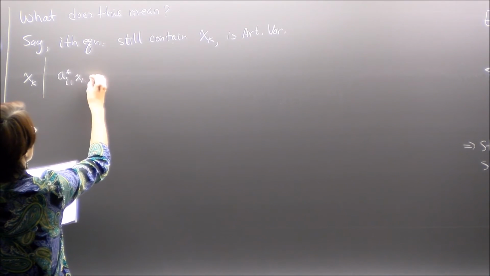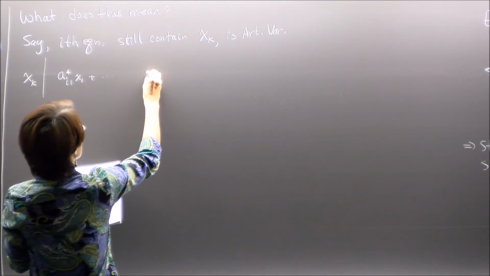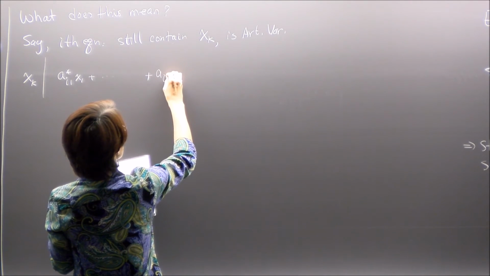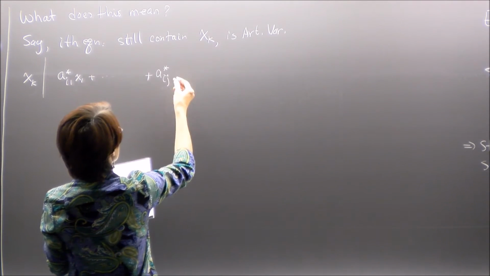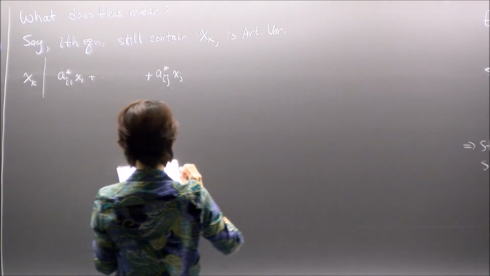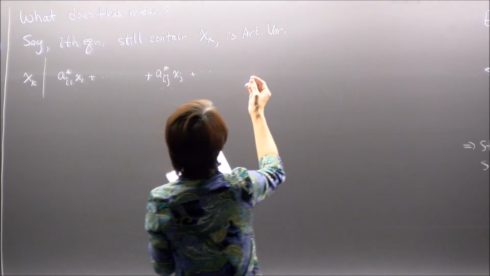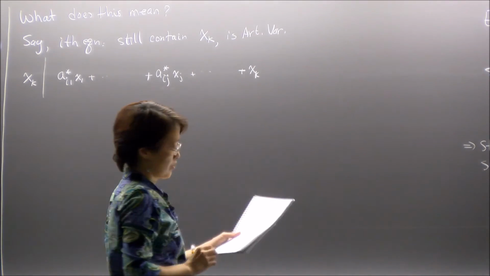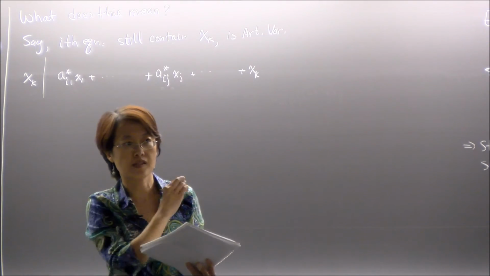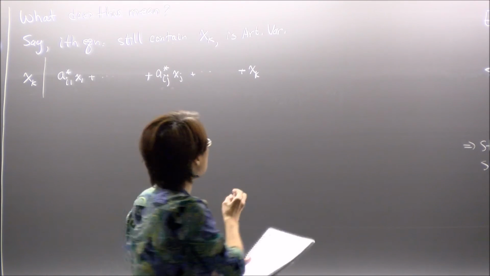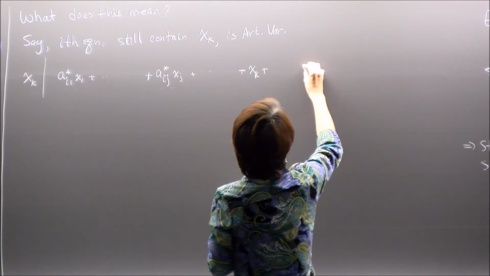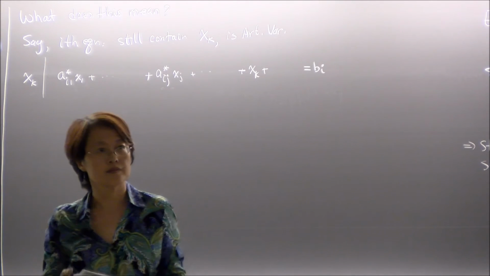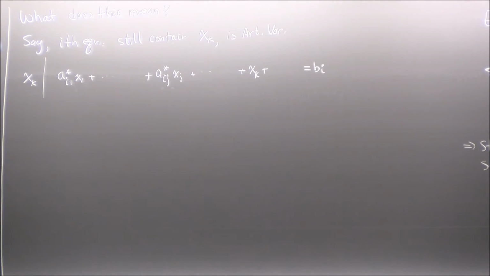Let's write the equation all the way, and let's say a generic position, the ij one for xj. And there will be others, and then there will be this xk, which shall have 1 in the front because that's the basic variable right there, right? Something like that, and then you have the right-hand side.